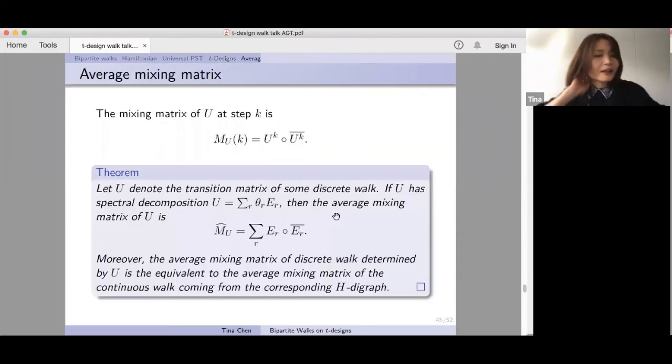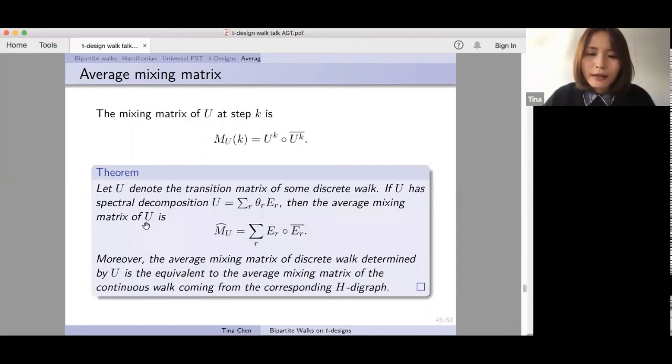Another interesting matrix coming from the bipartite walk is the average mixing matrix. So first, what is a mixing matrix? The mixing matrix of a transition matrix U at step k is the Schur product of U^k and the complex conjugate of U^k.